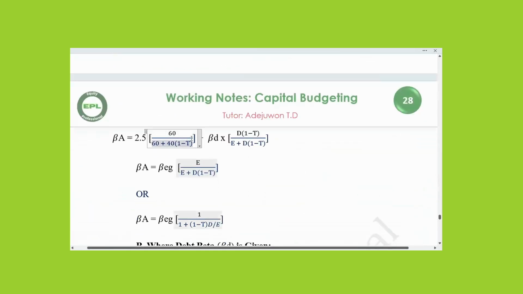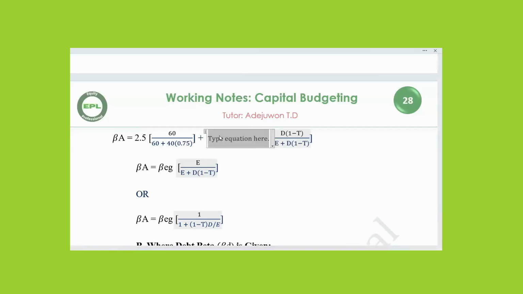So 1 minus 25% will give us 75%, 0.75. Okay, then in the question, we are given the debt beta to be equal to 0.4. All right. So debt value is 40%.